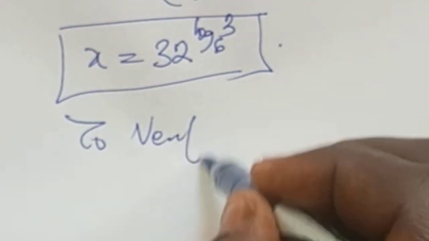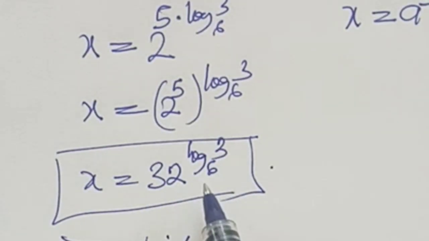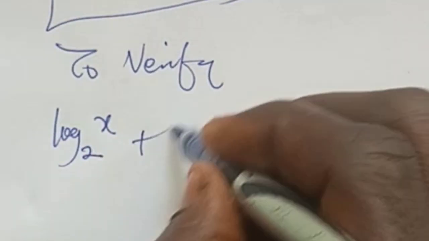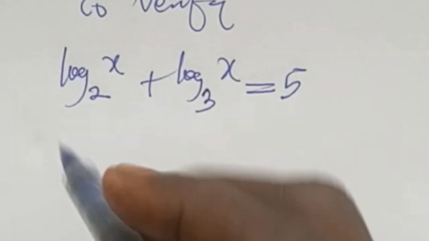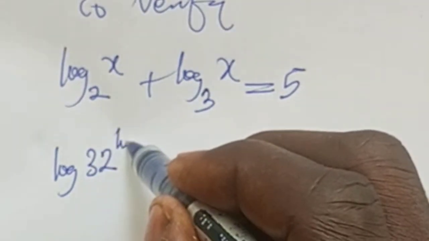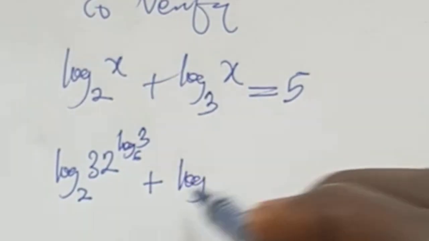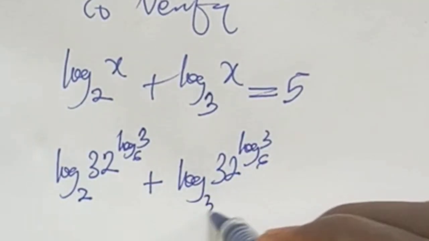And to verify if x is equal to 32 to the power of log 3 base 6, we are going to bring in the original equation, that is log x base 2 plus log x base 3 equals 5. So in place of x, we replace with this, so that we have log 32 to the power of log 3 base 6, and this is base 2, plus log 32 to the power of log 3 base 6, and this is base 3.